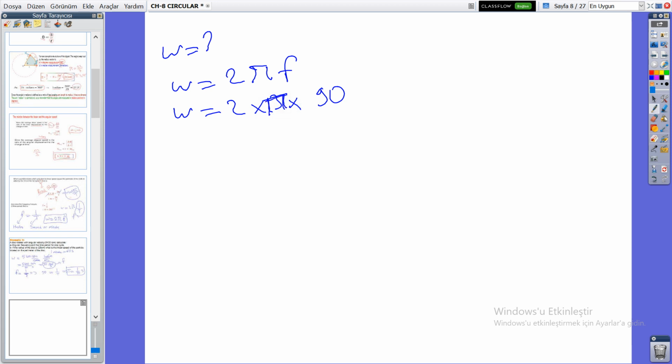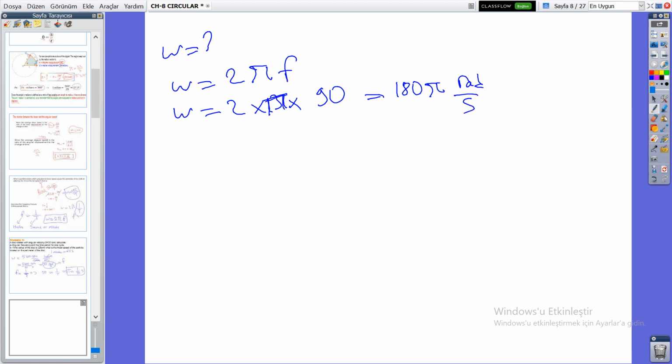With pi, it equals 180 pi radians per second.